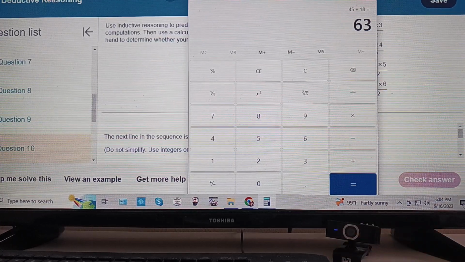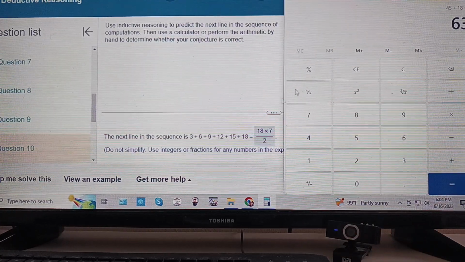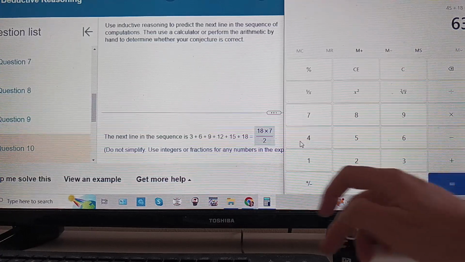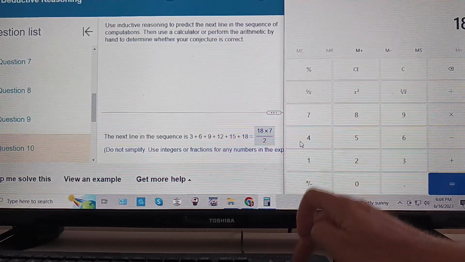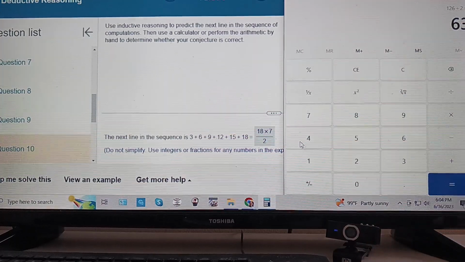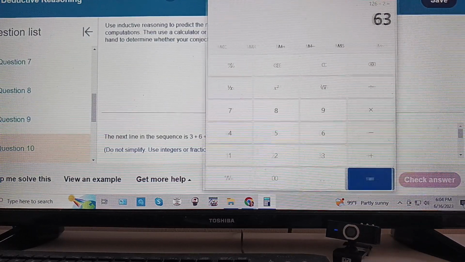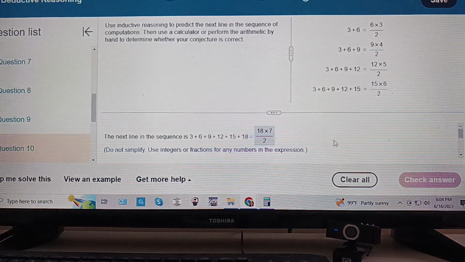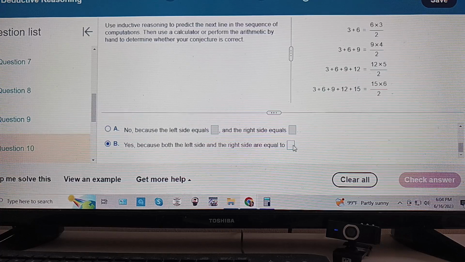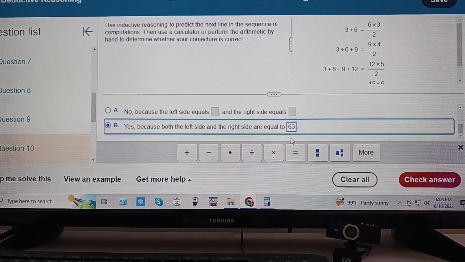The left side is 63 in my example, my answer example. And so 63, does 18 times 7 divided by 2 equal 63? Yes. See, they both equaled 63 in this one. I checked that it worked for all these, and then I did my answer, and both of my answers were 63. I think that's what they want here.